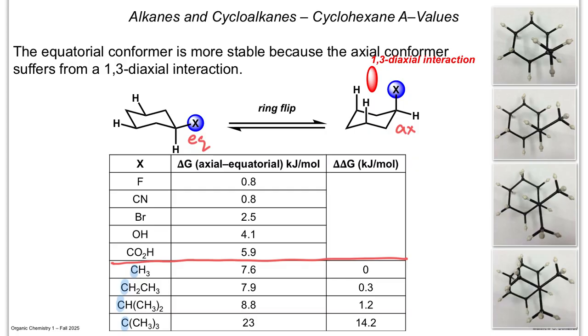If these are all H, kind of the same size, it doesn't matter what the Newman projection is. But then say we take one off, we replace it with now a methyl. So this is the ethyl group, and that's bigger. You wouldn't want to rotate that into the ring, because now there's a lot of strain. But it can put this out so it's staggered. And then we do another methyl substitution.